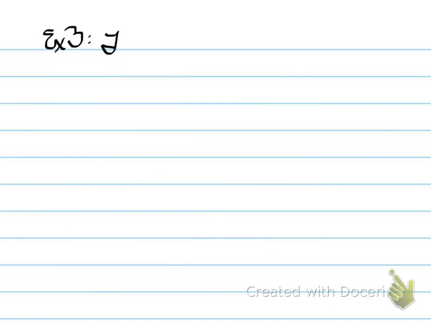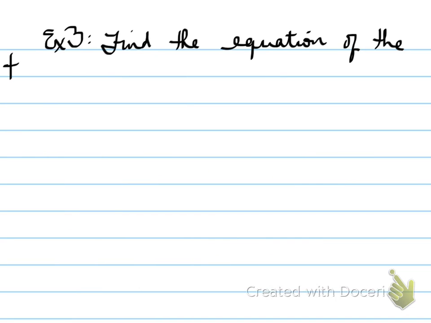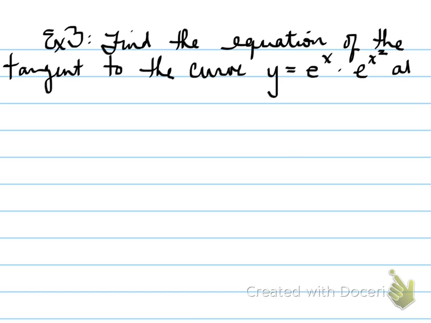All right, example number 3. Find the equation of the tangent to the curve y equals e to the x times e to the x squared at x equals 3. What do we do here? Well, folks, before we take the derivative, we should use our exponential rules to simplify that first part.